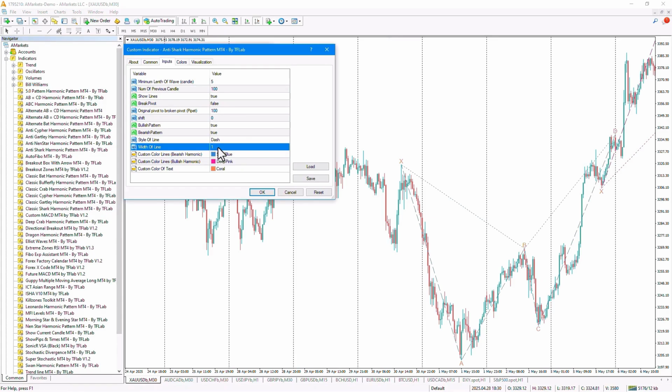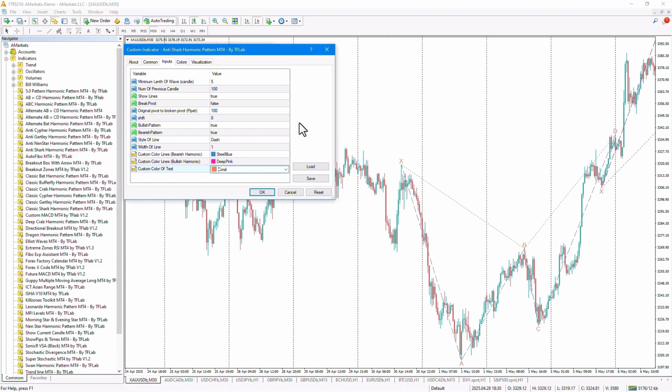If we set a value higher than 1 for this section, the lines will automatically switch to the solid style. In the next section, we can set the color for the bearish harmonic pattern, the color for the bullish harmonic pattern, and finally, the color for the harmonic pattern labels, and change them to any color we like.